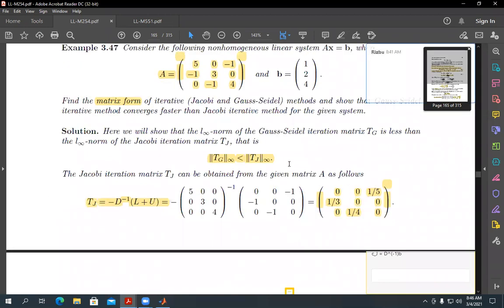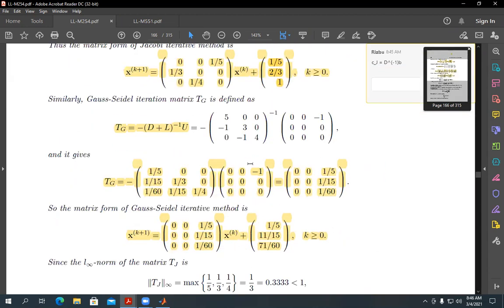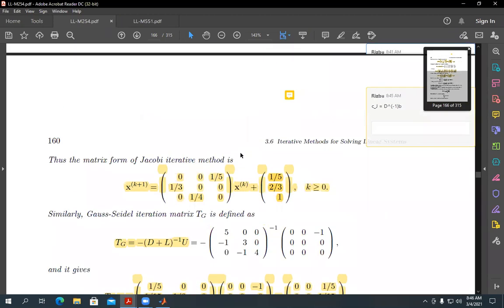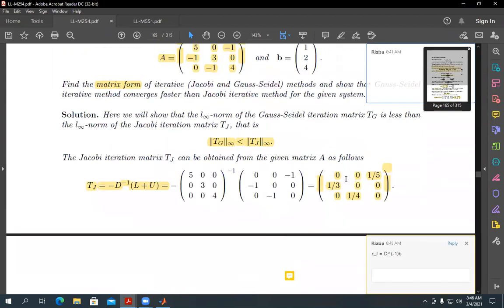The second part, he says, show that the Gauss-Seidel method converges faster than Jacobi. To show faster than Jacobi, we have to find the norm of TJ. We know what TJ is. TJ is this one. What is the norm of TJ, please?